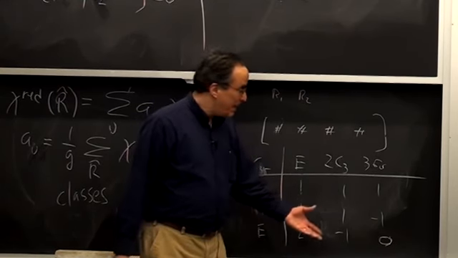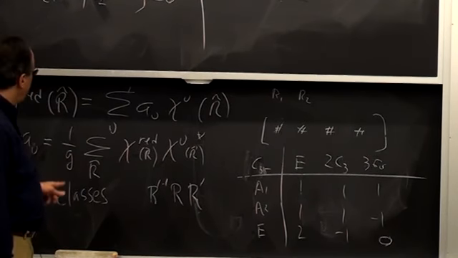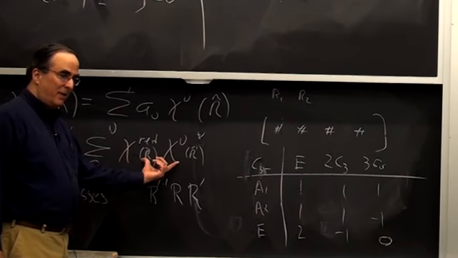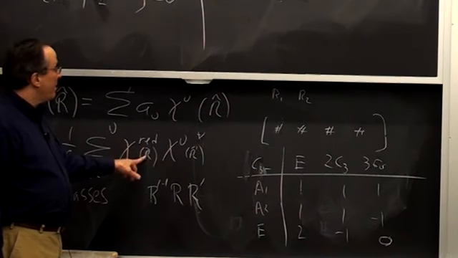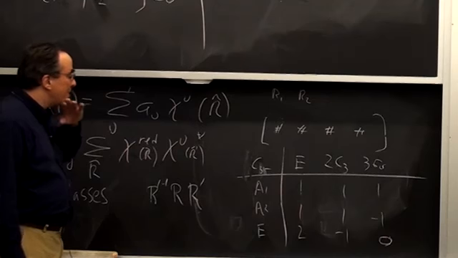It's really mechanical and simple, and the key is not screwing up, because this looks like a product of an element and the character of the reducible representation.